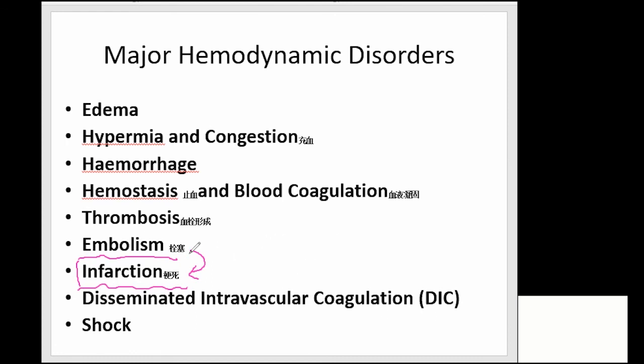So that's basically blocking the blood supply to the tissue and causing the tissue to die. So that finishes the four conditions of blood circulation disorder.